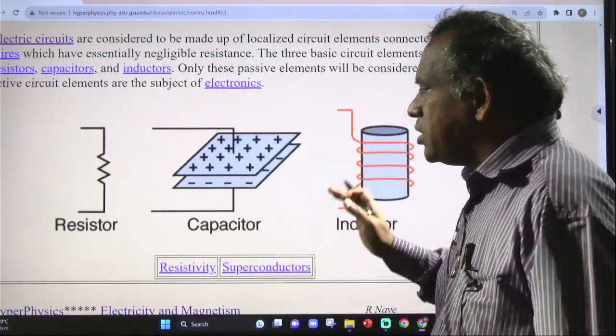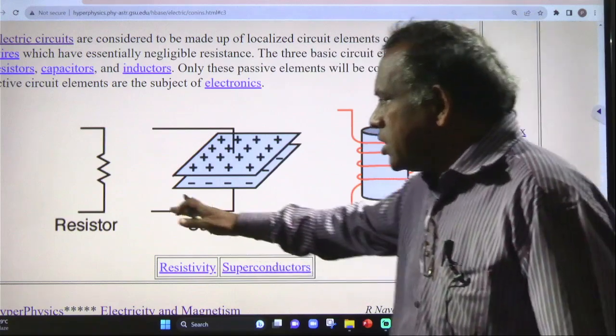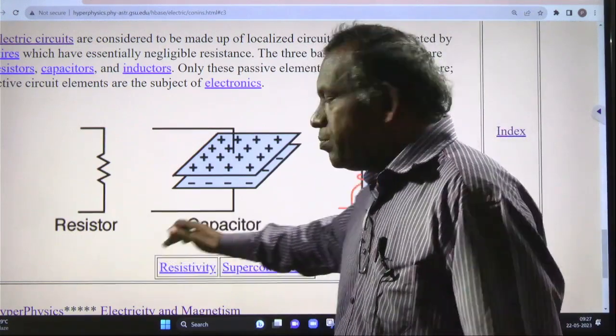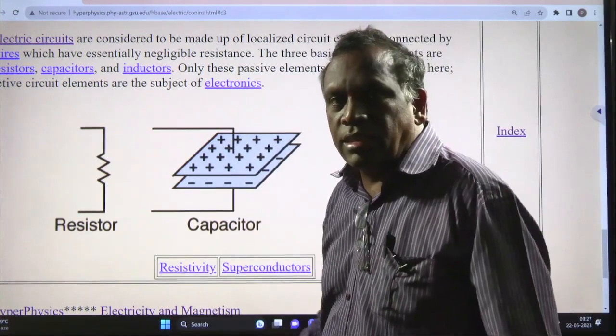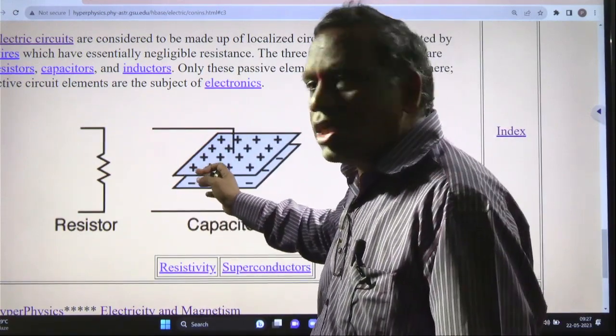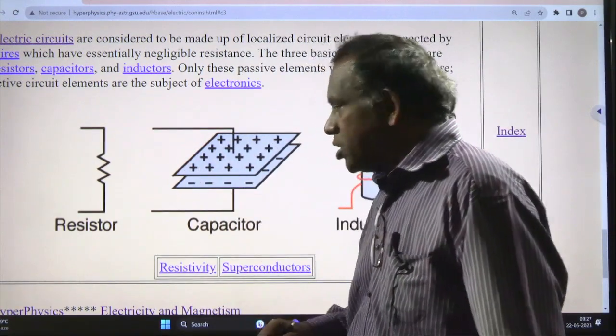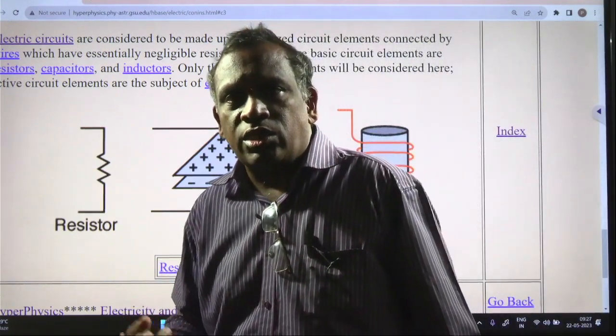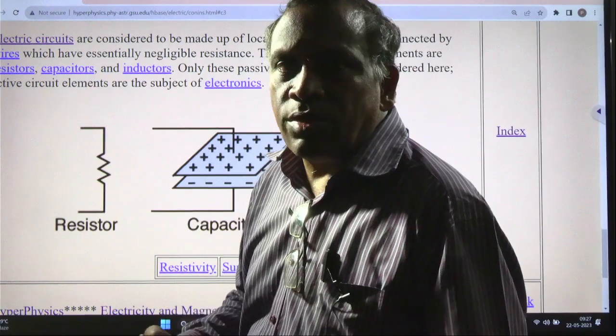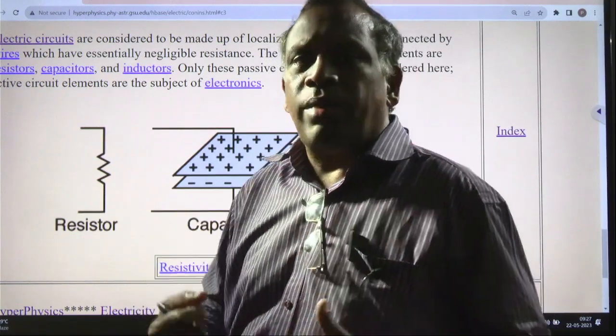The basic circuit elements are resistors, capacitors and inductors. A resistor is like this. A capacitor is a parallel plate capacitor, where one plate is positively charged and another plate is negatively charged. A capacitor is also a small storage device which can store a large amount of charge in a small place.